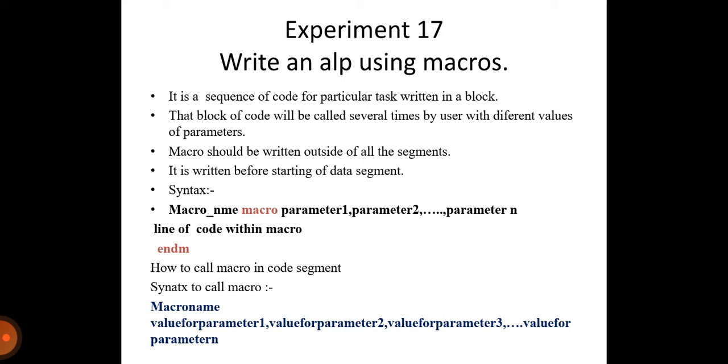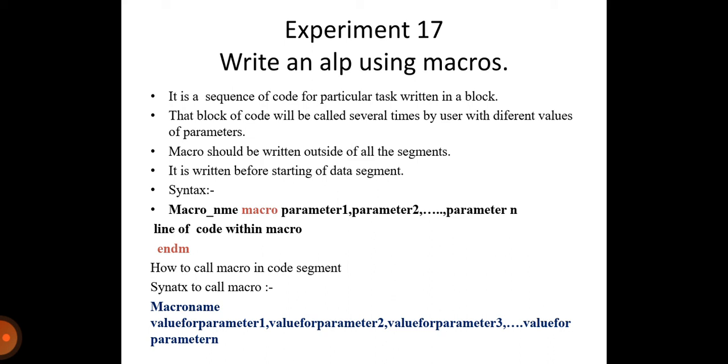How to write a macro? Which directives are used? The macro directive, macro, and to end a macro we use the directive endm. Macro name, space, macro, then the list of parameters; n number of parameters you can pass.